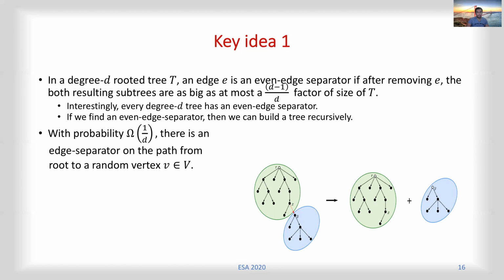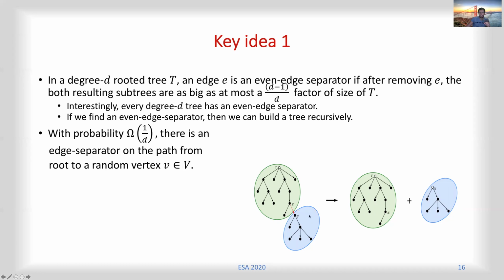Another thing to note is that if you take a random vertex from the tree, then with probability at least 1/d, the path from the root to that node contains an even edge separator. The proof is very simple. Just consider that xy is an even edge separator.